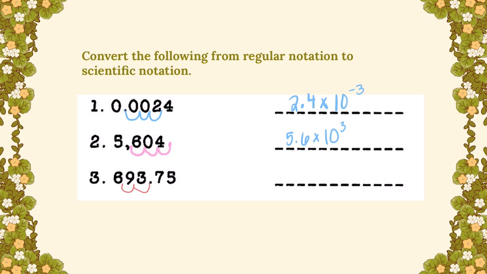The 04 is not a significant decimal per se, but in this case, the 6.9375 is something you might want to write out. So I'll just write it out: 6.9375 times 10 to the, we moved 2 to the left. And since we moved to the left, the exponent is going to be positive 2, to the second.